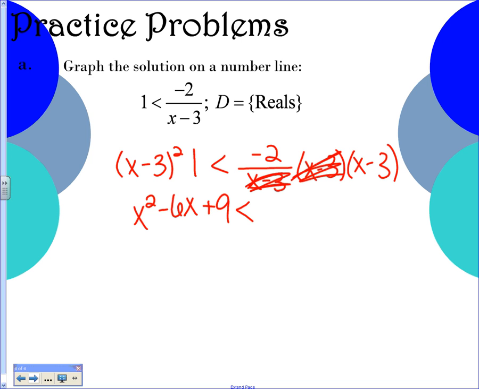All right, so we have x squared minus 6x plus 9. And then what goes on the right side? Correct. All right, now we want it to be a 0 over here. So we have x squared minus 4x plus 3.